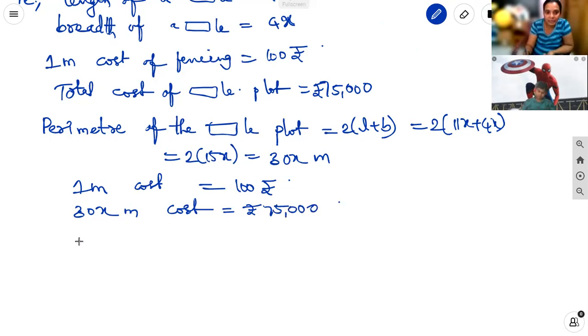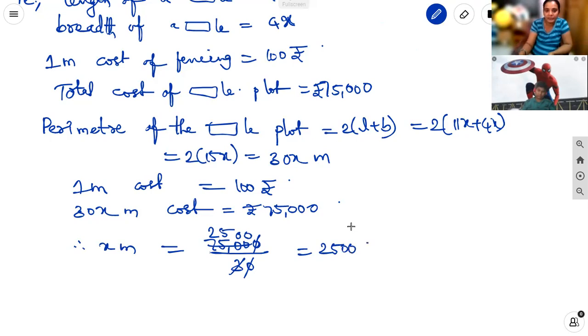Then x equal to 75,000 by 30. Zero, zero cancel, 3 1s are 3, 3 2s are 6... So it is 2500. So x equal to 2500.